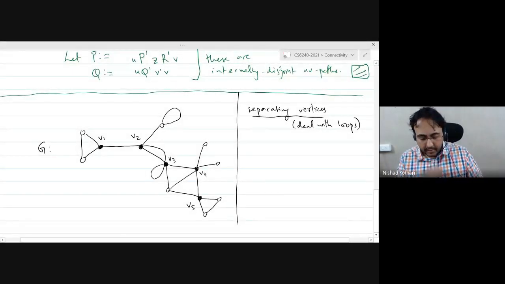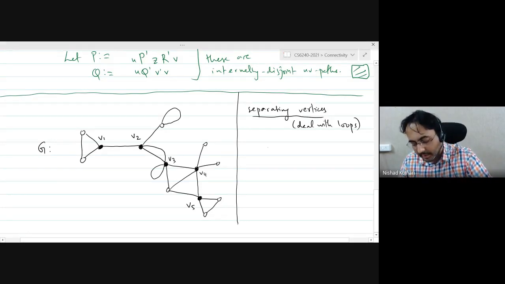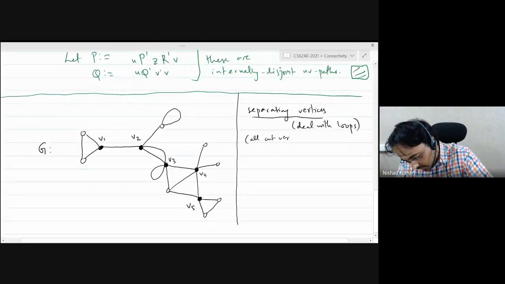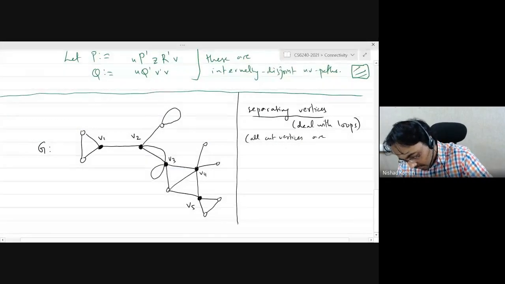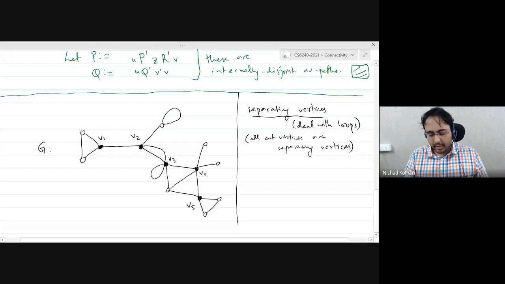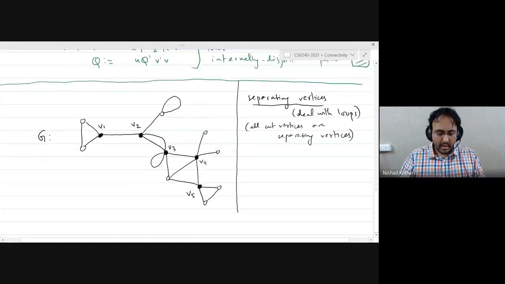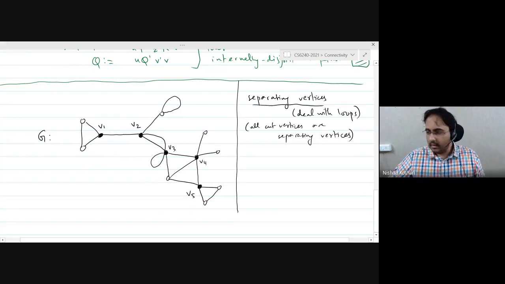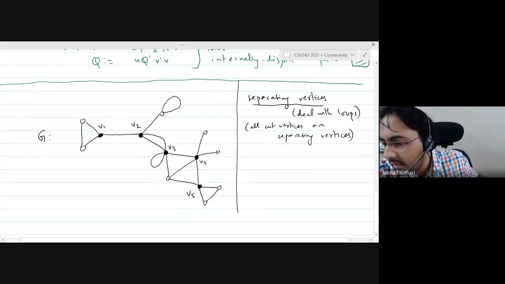In particular, all cut vertices are separating vertices, but separating vertices are a bit more general. I haven't yet defined separating vertices, I'm aware of that. But I just want you to keep in mind that it's going to be a generalization of cut vertices. Okay, so here is one way to think about this notion that I want to tell you about.